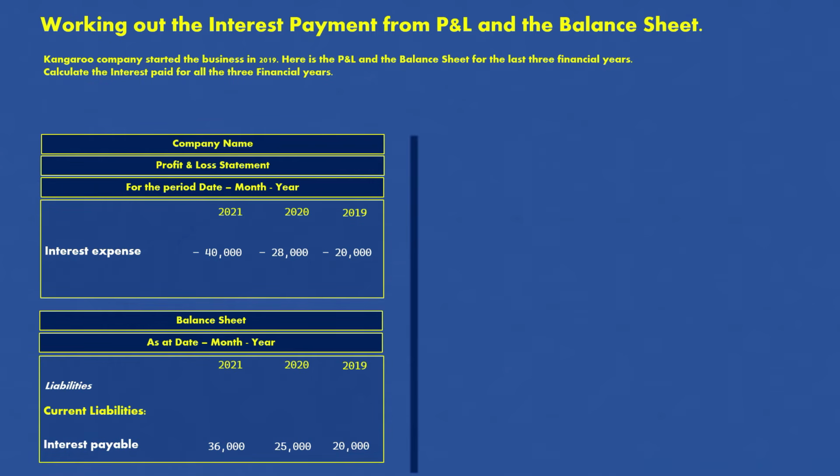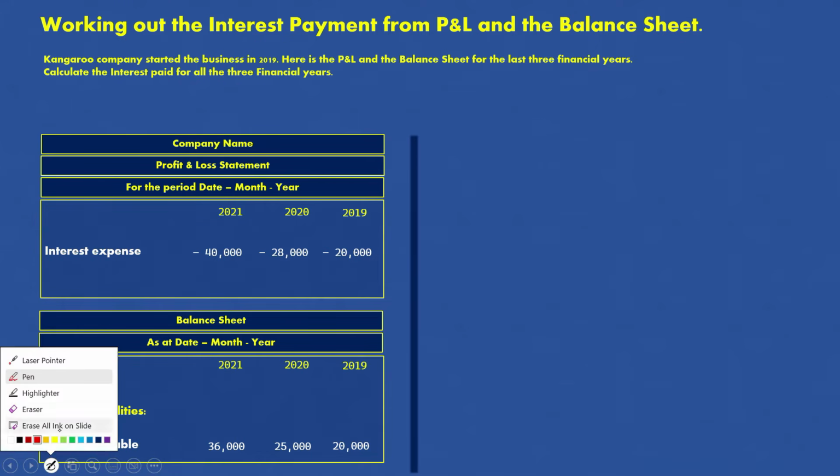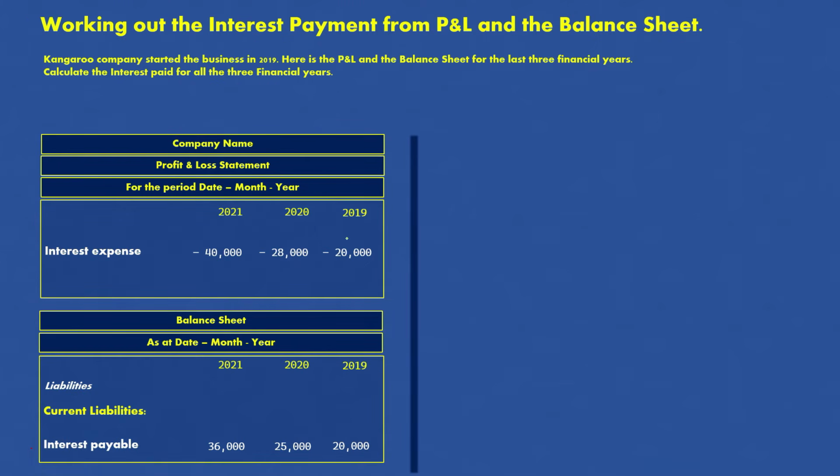Now if you look at the year 2019, you can see that in the first year we incurred an expense of $20,000, and then you can also see that all of this expense is still being shown here as your payable. So this 20,000 is still payable on your balance sheet, which simply means that you haven't paid anything at all in form of interest.